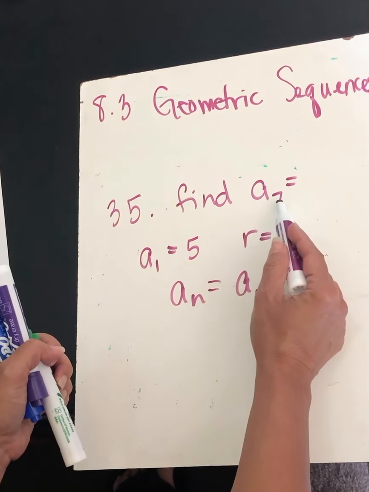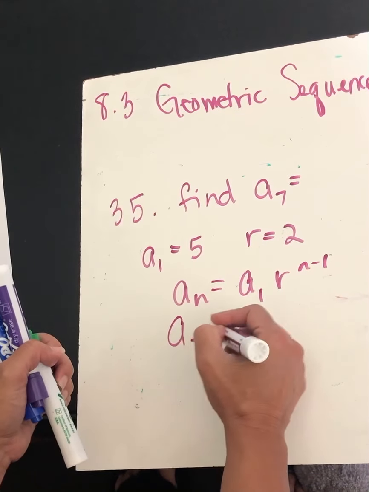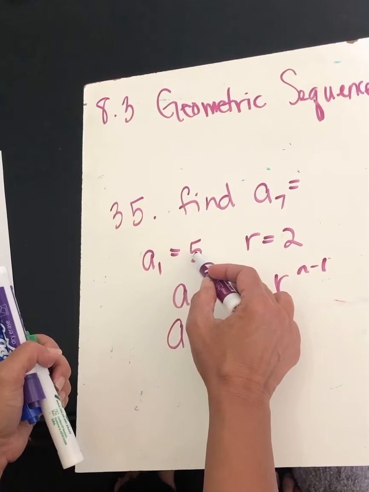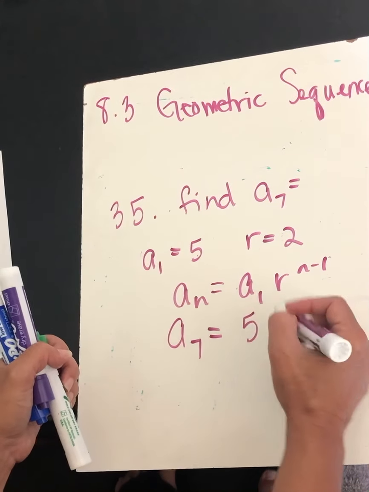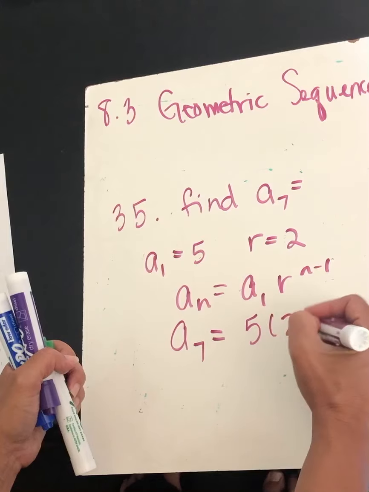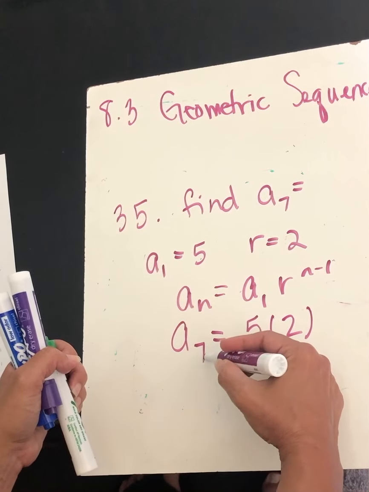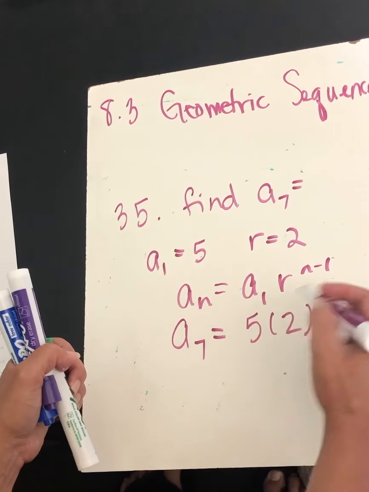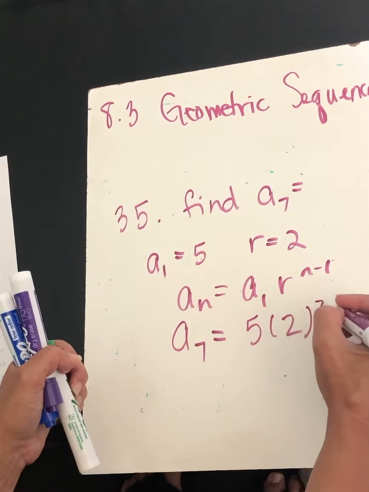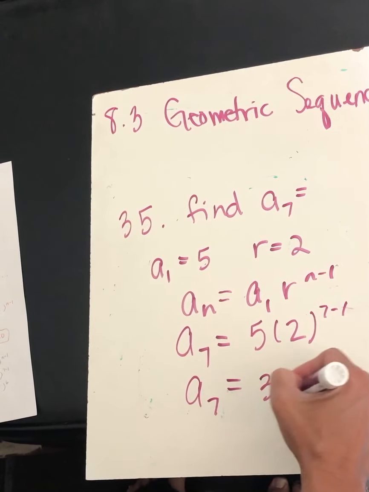So A subscript 7, or the seventh term, you're going to use 5 for A subscript 1 times 2 raised to the, again, the n term here, or n is 7, 7 minus 1. So when you do the math there, the seventh term, or A subscript 7, will equal 320.